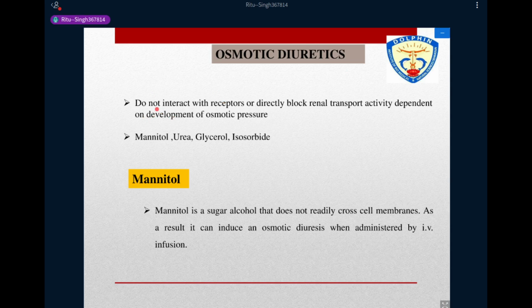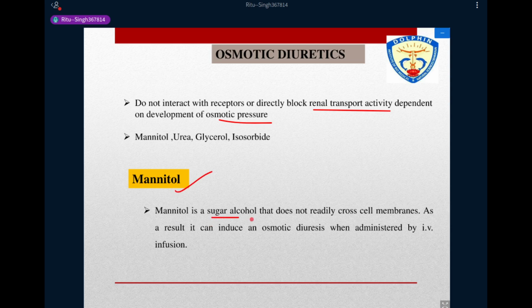These osmotic diuretics do not interact with a receptor. These drugs directly block renal transport activity, dependent on the development of osmotic pressure. Some examples of osmotic diuretics are mannitol, urea, glycerol, isosorbide, etc. Mannitol is an osmotic diuretic.